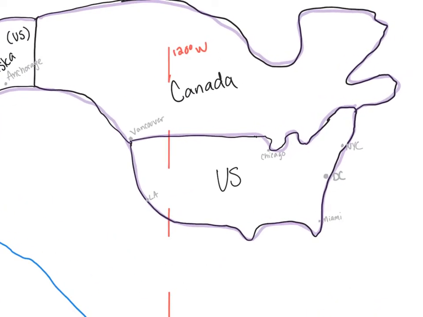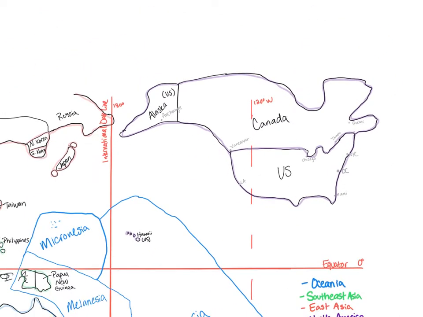And then over on the east coast, we have Toronto. That's really close to the U.S. And we have Quebec. This is Quebec. Okay, so those are our big cities over here in North America.